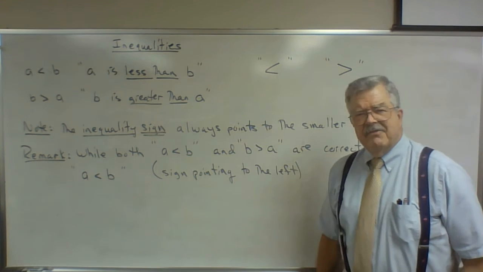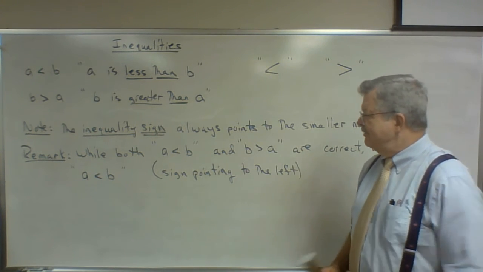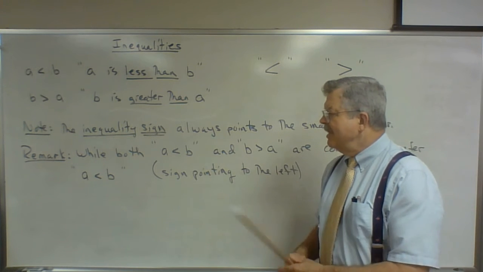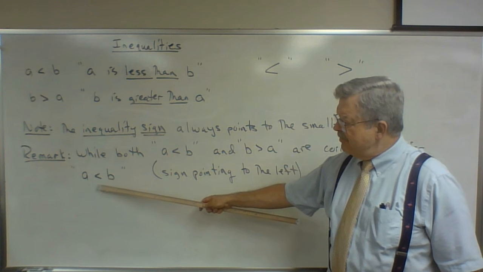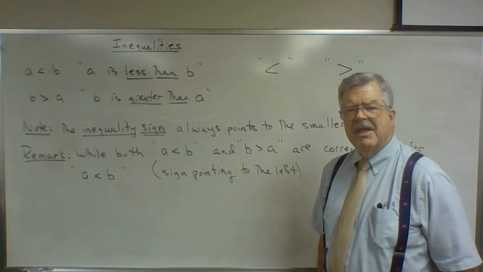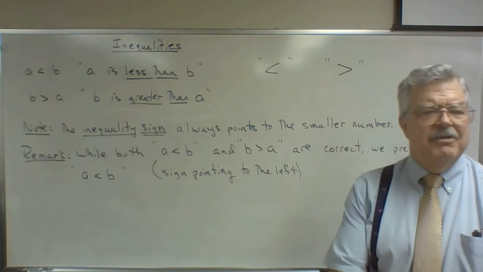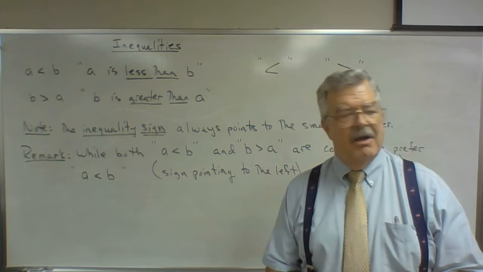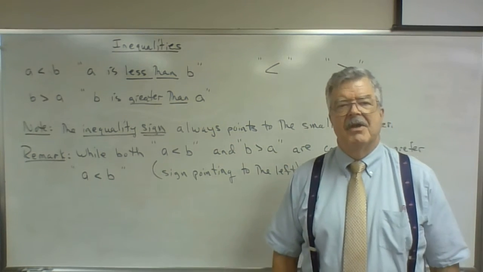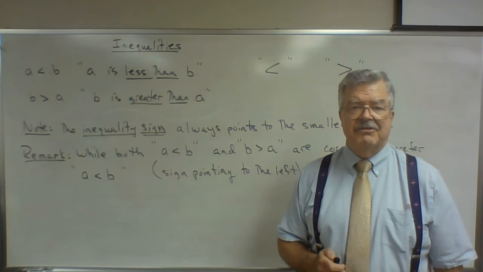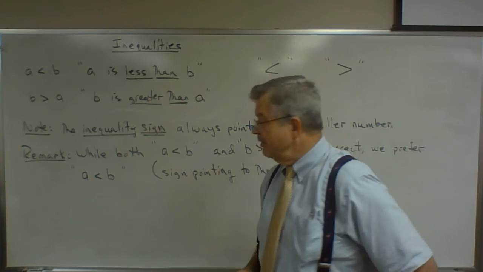But if there's no reason to favor this over that or this over that, we prefer to write it this way with the sign pointing to the left. And the reason that we do is because inequality signs represent or can be represented by points on the x-axis or points on the number line.